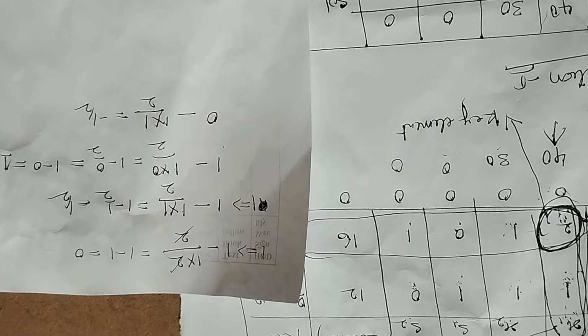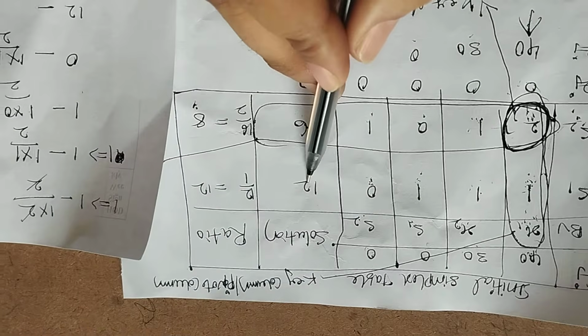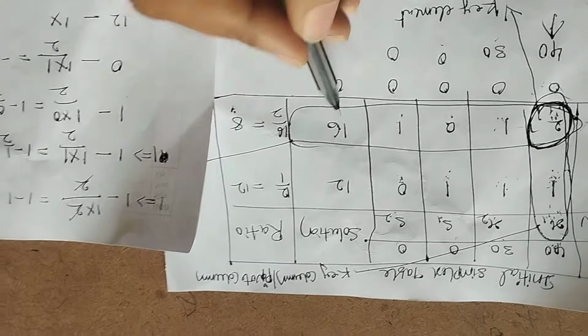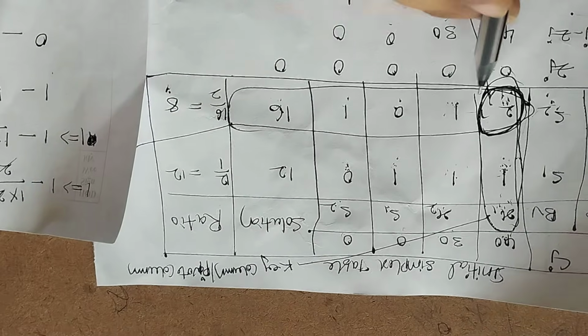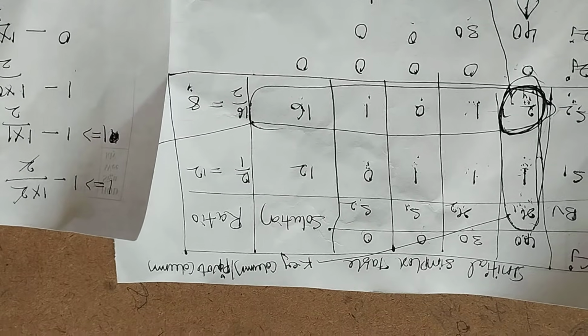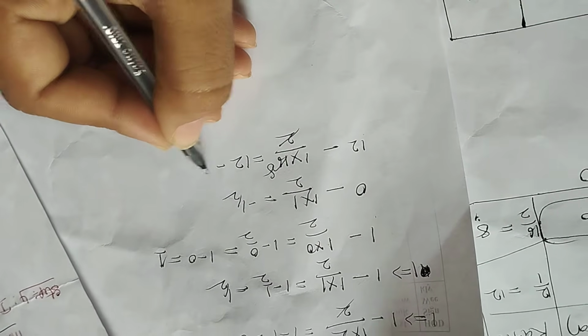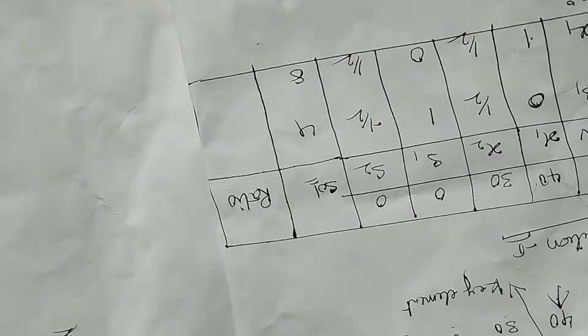Now for this, the old value is 12 minus corresponding key column value 1 into corresponding key row value 16 divided by key element 2. That is 12 minus 1 into 16 by 2, 12 minus 8, which equals 4. Write the value 4 in the place of 12. The values are like this.